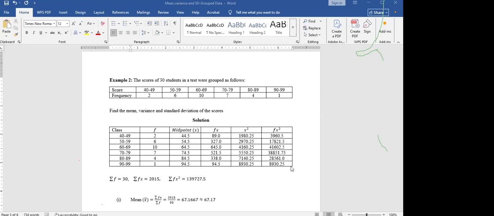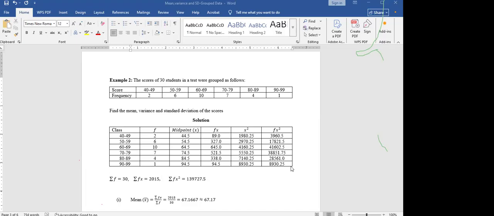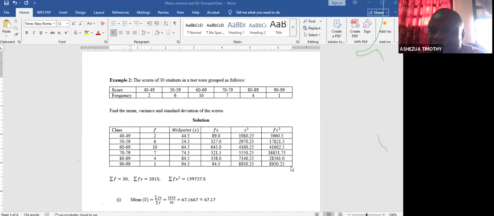Sir, I want to ask. This midpoint, is it compulsory I must use midpoint, or if I use X, is okay? If you put X, I'm fine.